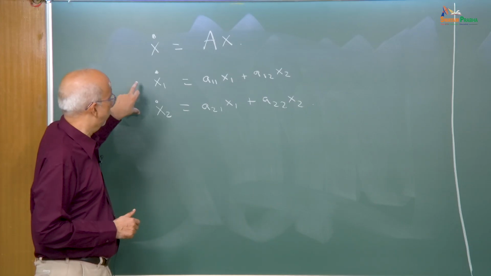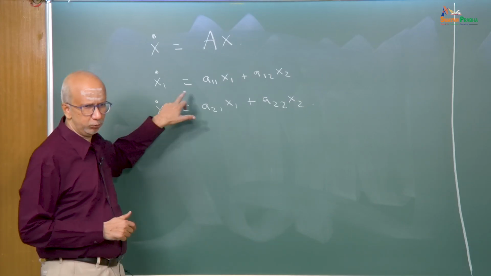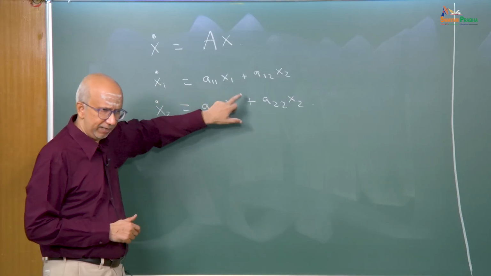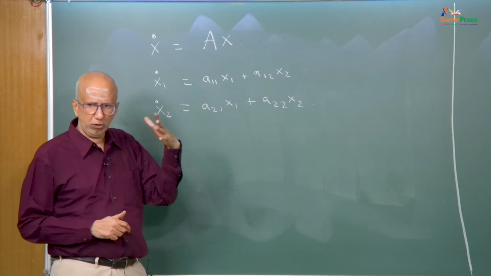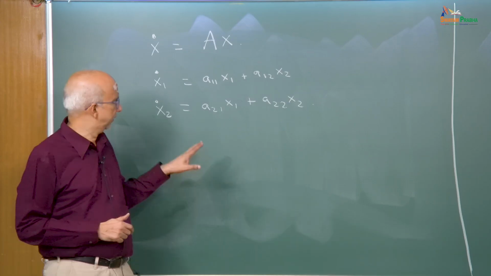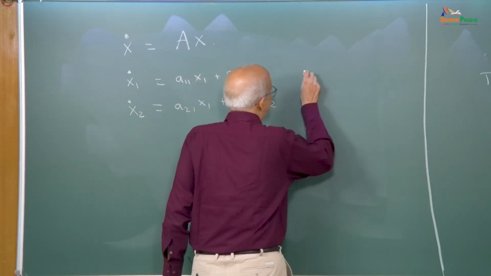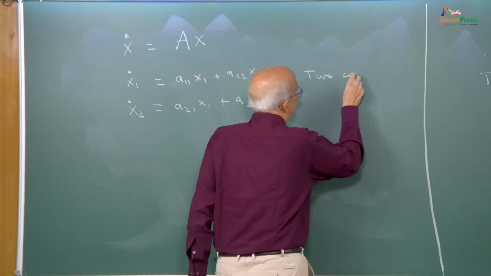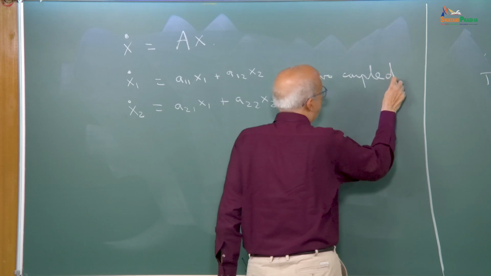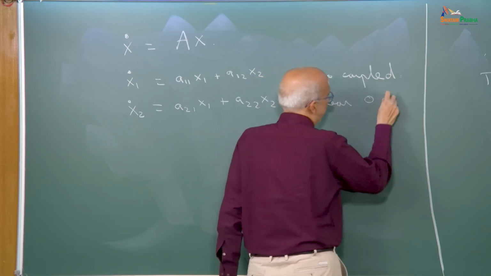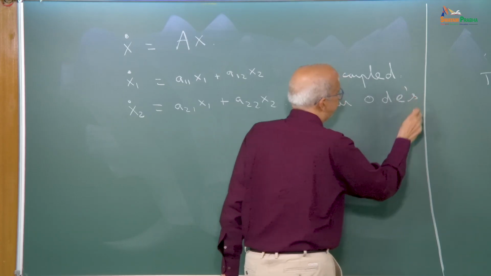So, what I have done is I have taken these two equations. This is linear because the derivative and the dependent variables x1 and x2 are all occurring to the first power. These are two coupled linear ordinary differential equations.